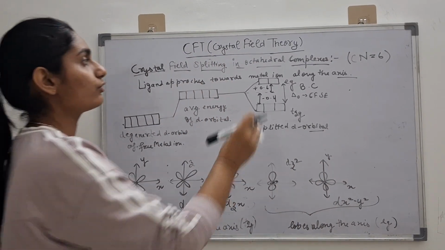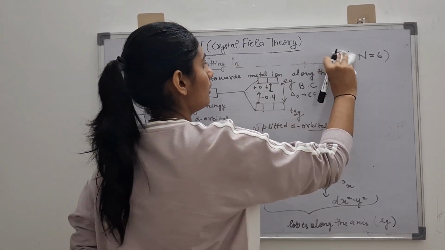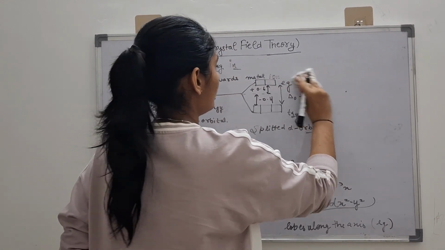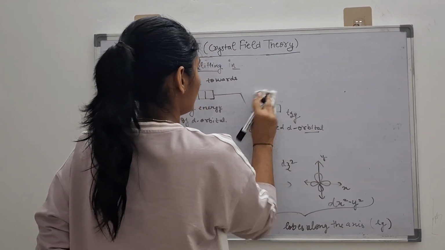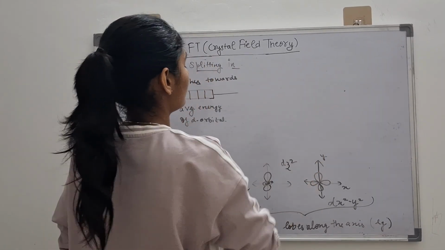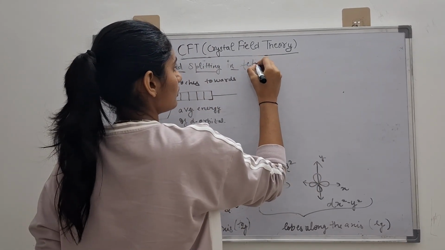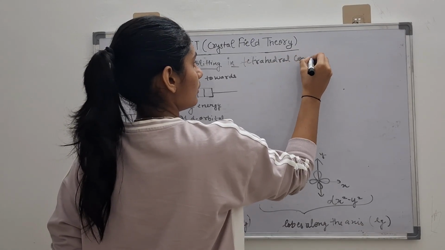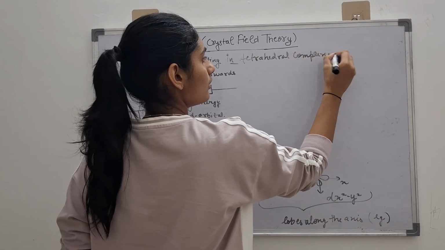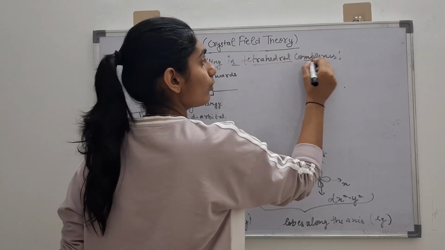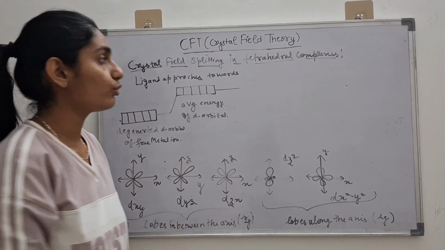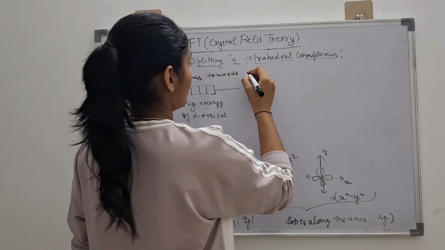Now in tetrahedral complexes, this is just opposite to octahedral complexes. In tetrahedral complexes, the coordination number is 4, and the ligand approaches the metal ion in between the axes.